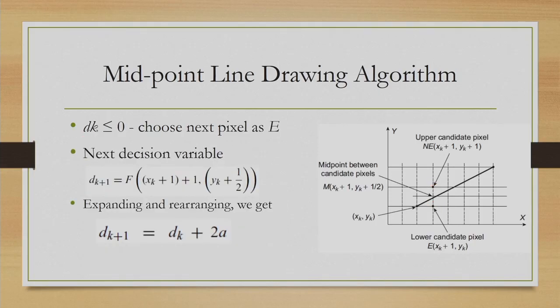Now, when dk is less than or equal to 0, then we choose E, because the midpoint is closer to E, and in that case the next decision variable would be given by this expression, which if we rearrange and reorganize, gives dk plus 1 equal to dk plus twice a.